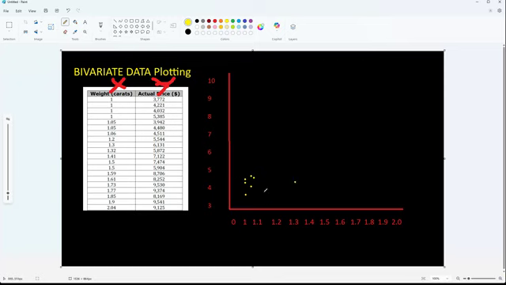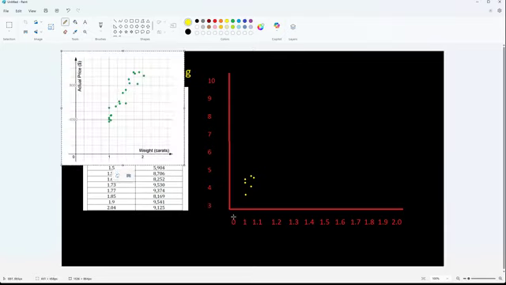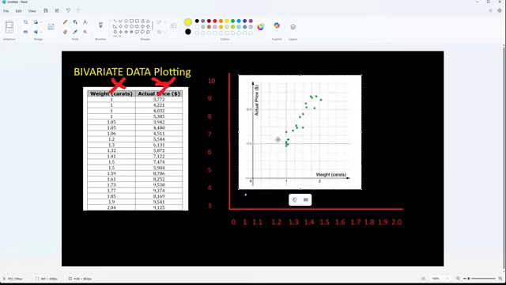So this is how a scatter plot starts, and when it's all said and done, here is the digital version that came from the same source of the table, and it looks something like that, right? And so you can remember you're looking at the type of function it models. It looks like it's modeling a linear equation, right?